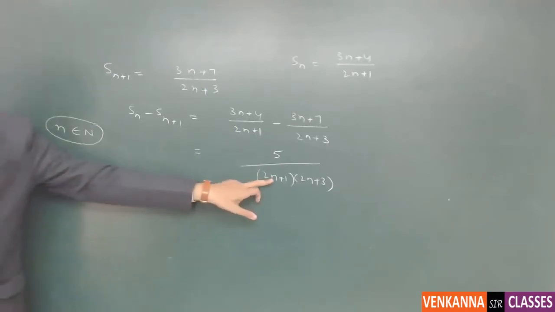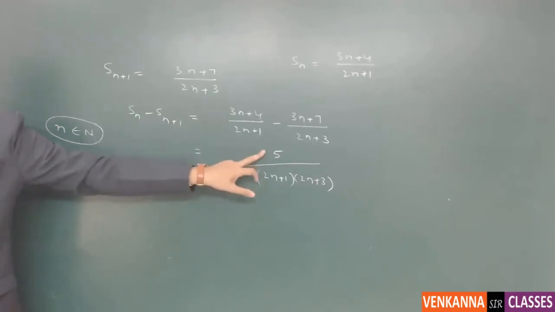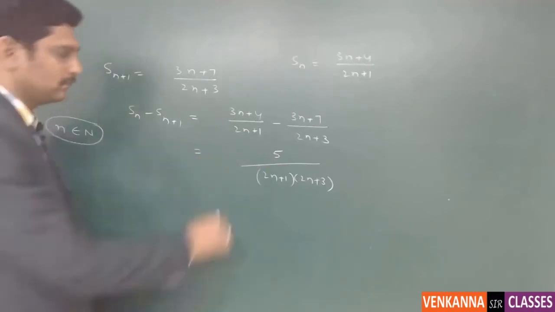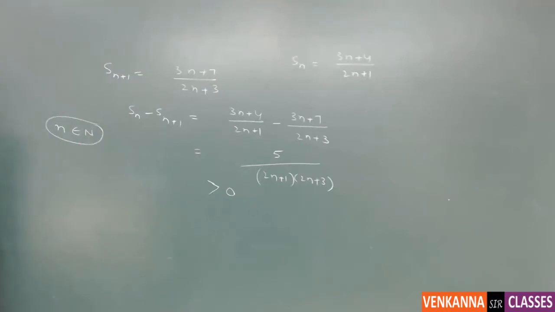So here n is a positive number, so the denominator is positive, and you have obtained that 5 is a positive value. So this whole thing is positive. Accepted? Any questions to anyone? Yes or no? Are you getting the idea of what I am saying?